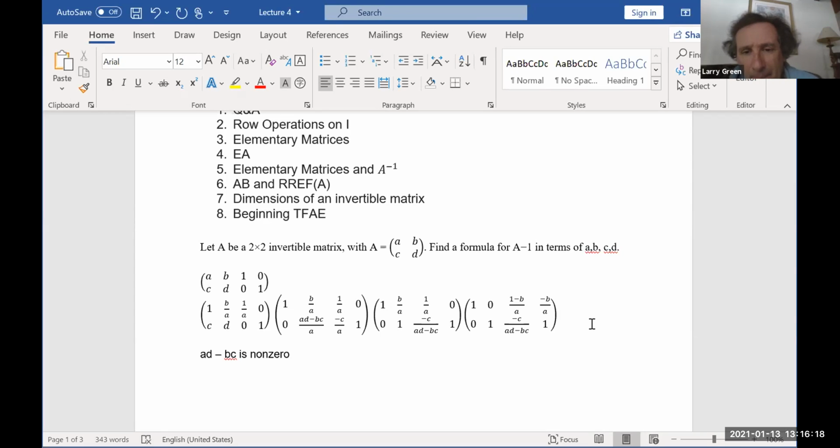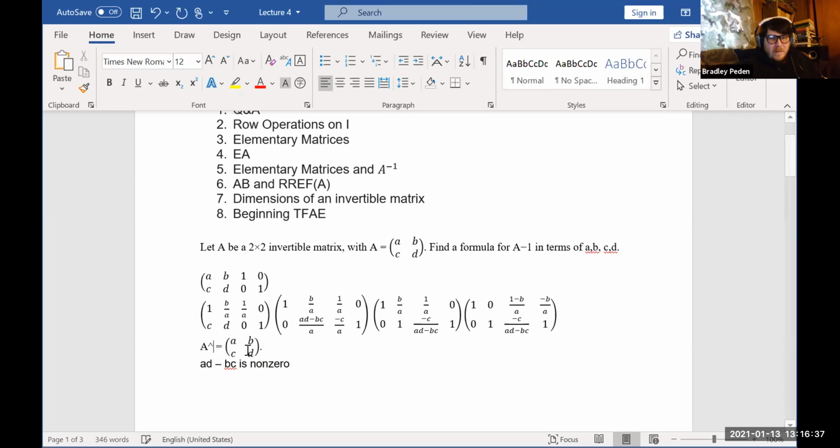Okay. Now what we can do is the very last step, which is write down the answer. And what is the answer? The new 2x2 matrix that we just made.